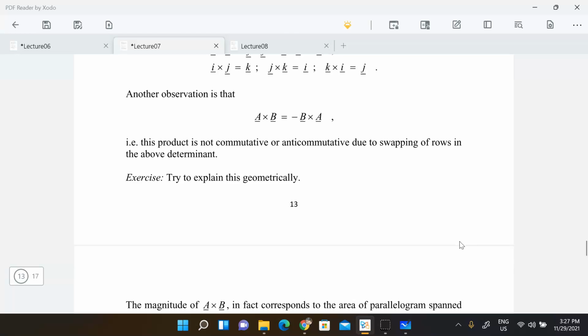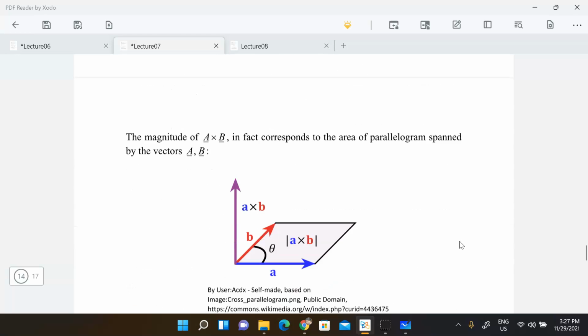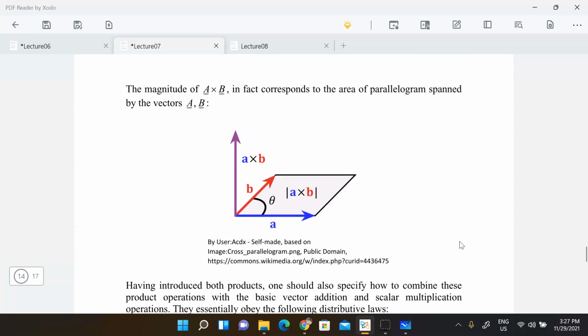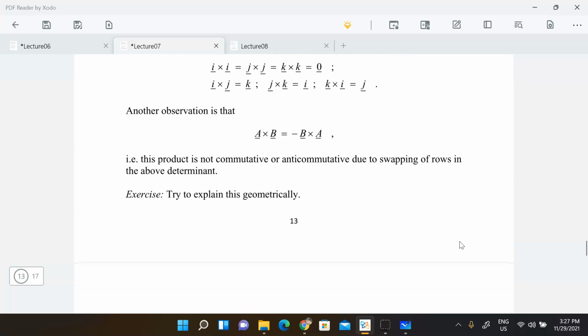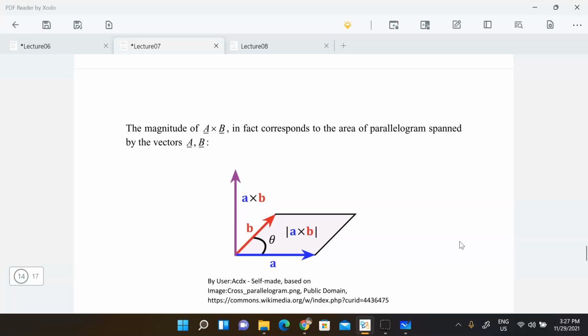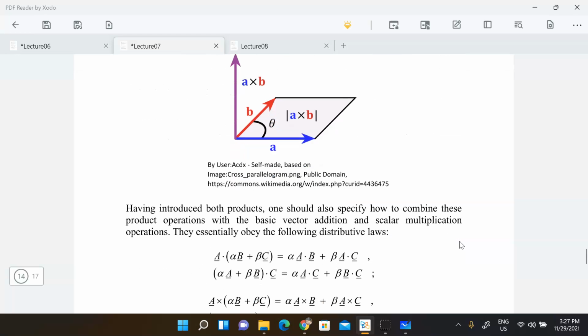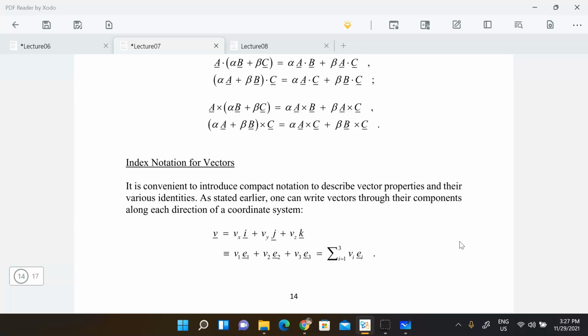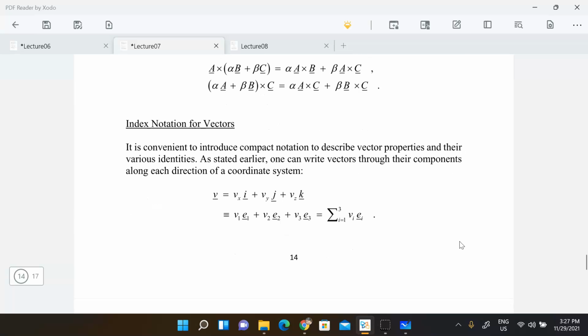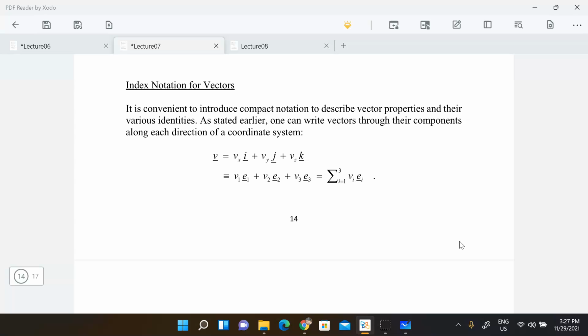But now I'm going to teach you something slightly different. So again, these are some geometric explanations of all the vector operations. I think you can just read. Now, in order for you to learn something extra beyond what you already know for vectors, I'm going to introduce, just like before, the idea of index notation.